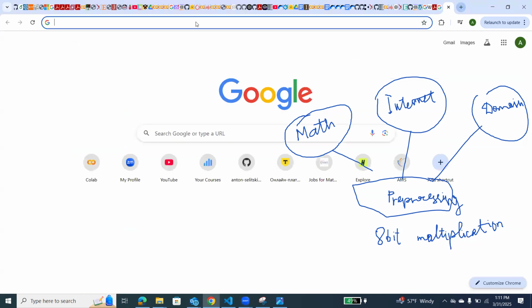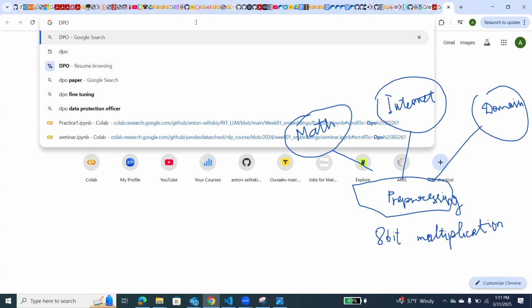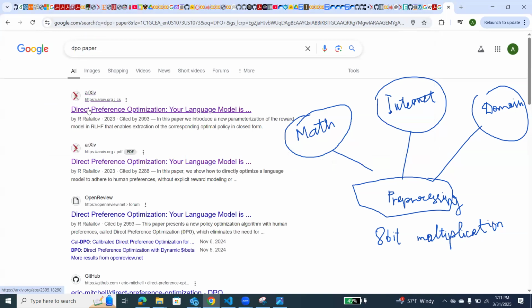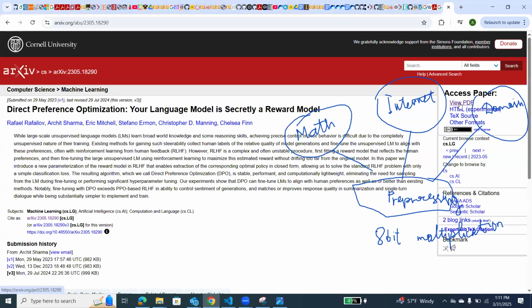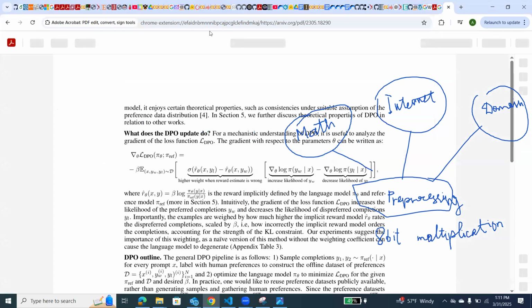There is another algorithm proposed in 2023, DPO, direct preference or policy optimization, let's look at the paper. And in DeepSeek, they modified this DPO algorithm.